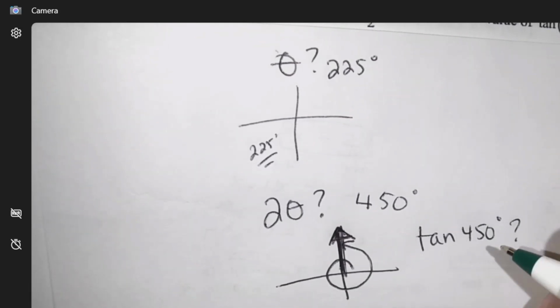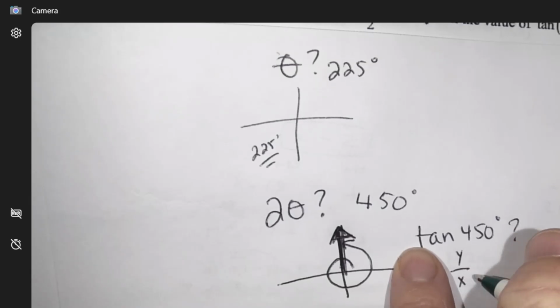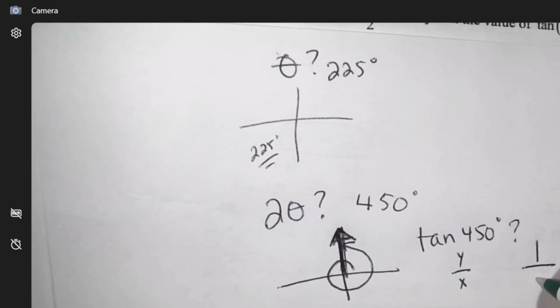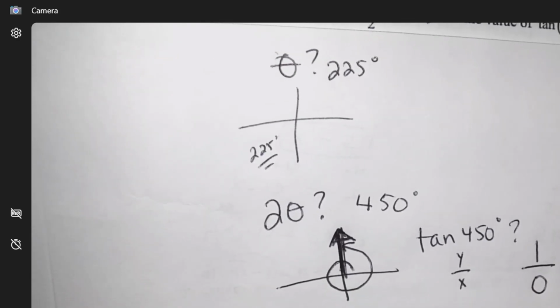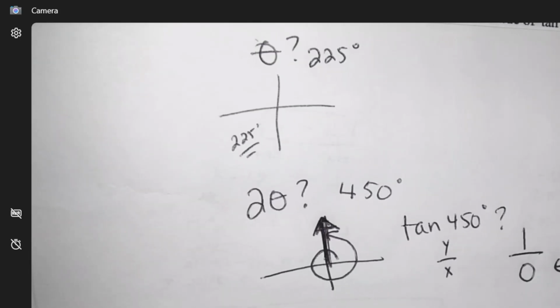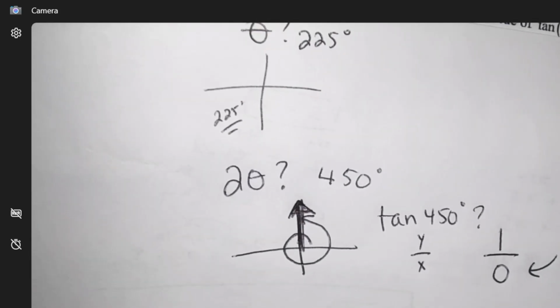Okay, so what is the y divided by x value at that spot? 1 divided by 0, which is undefined. Okay, so justify. So did I justify? Did I tell you why that happened? Okay, that's what the word justify means. Kind of show and prove that that's happening.